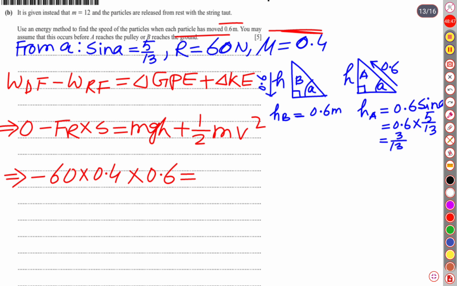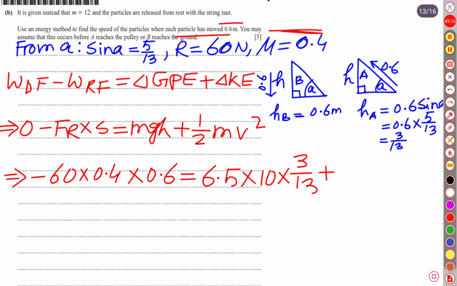So let us write 6.5 kg into acceleration due to gravity, which is 10, and the height for A is positive, 3 over 13.